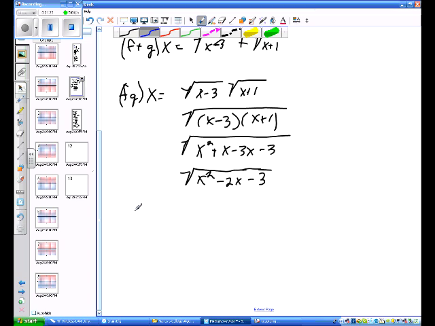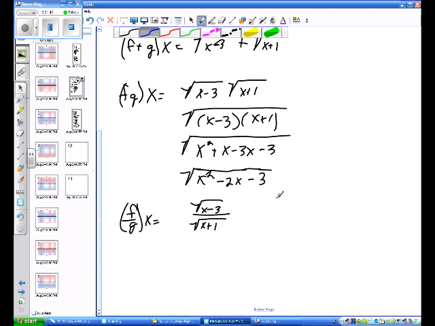If we were to want f divided by g of x, then that would be the square root of x minus 3 divided by the square root of x plus 1. Now, we've already limited our domain from 3 to positive infinity.